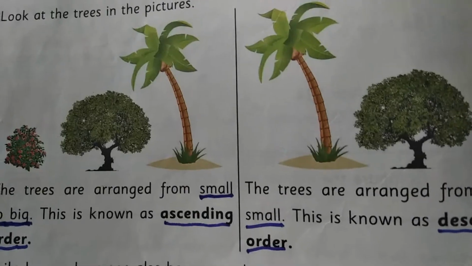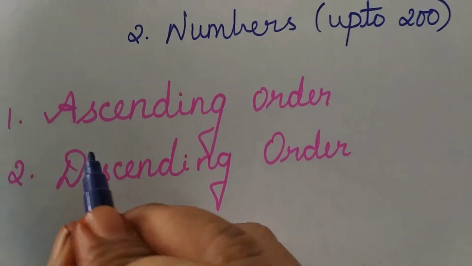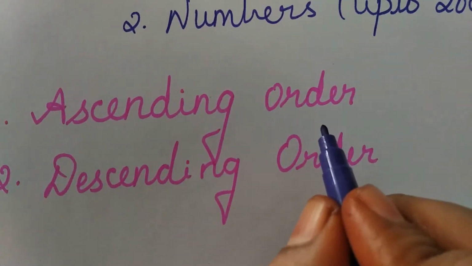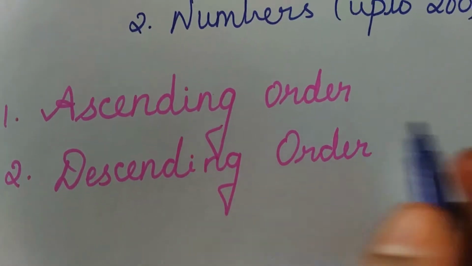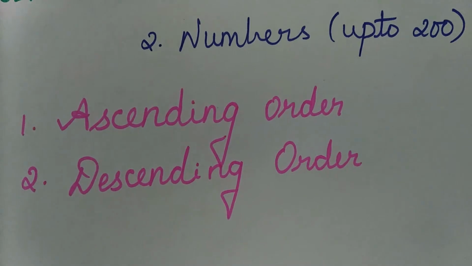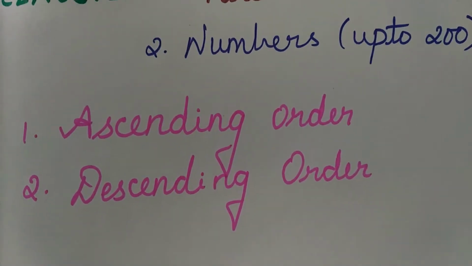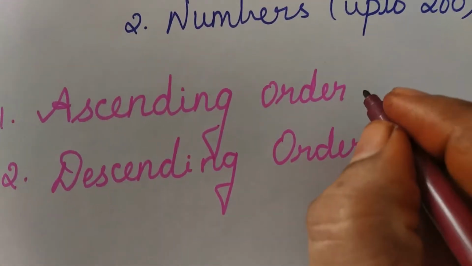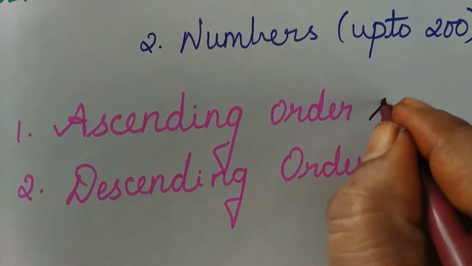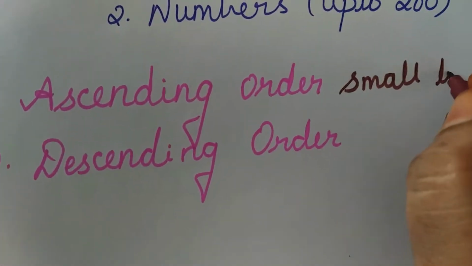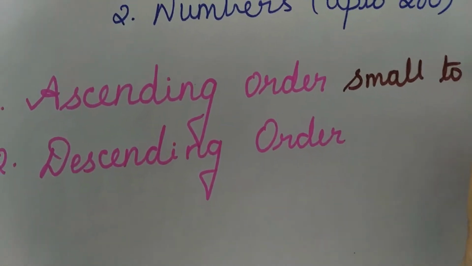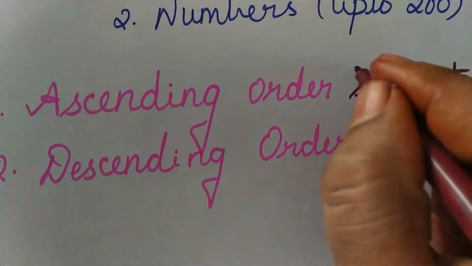the numbers. So see here, children, ascending order we have seen now. What is meant by ascending order? Yes. To arrange the numbers from small to big.